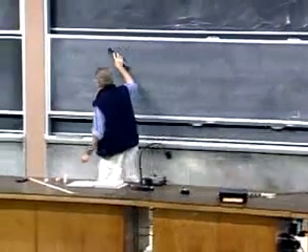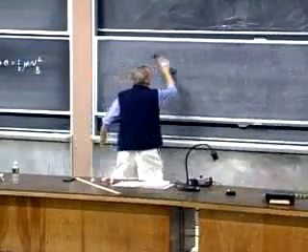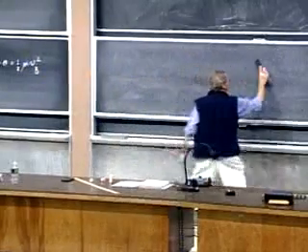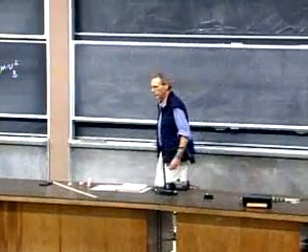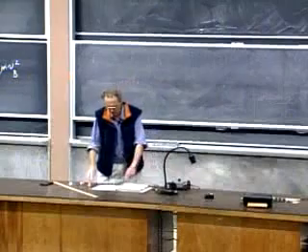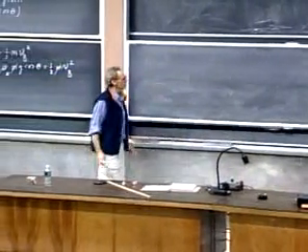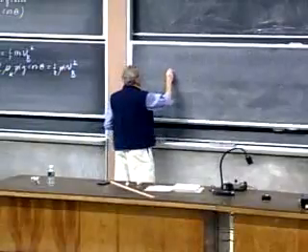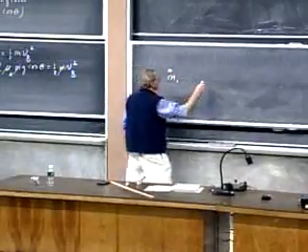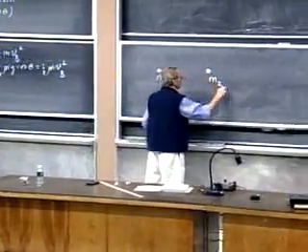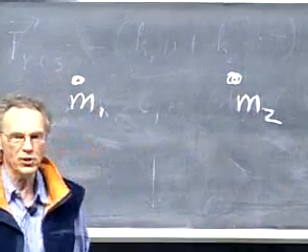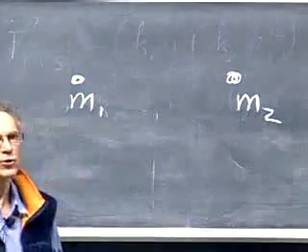They can collide, they can cause fireworks, they can explode, they can break up in pieces, but momentum will be conserved in the absence of any net external force. It's a very non-intuitive concept.